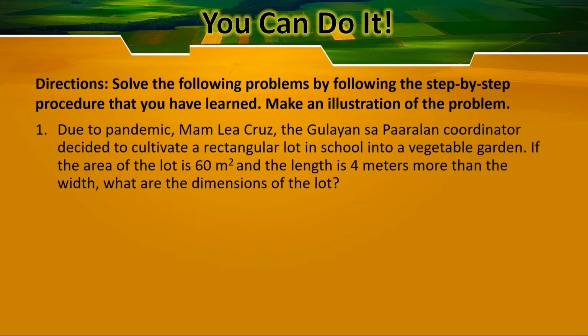Now let's illustrate the problem. What kind of land was cultivated by Ma'am Leah Cruz? Very good, it's a rectangle. Now, how are we going to identify the width and the length of this rectangle? It is said that the length is 4 meters more than the width.